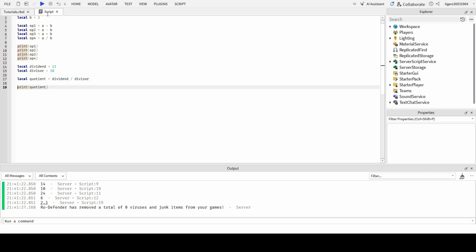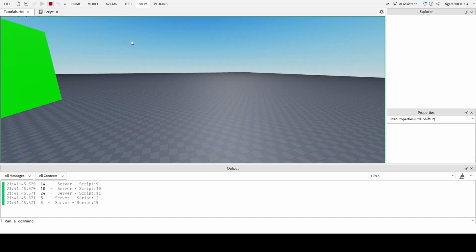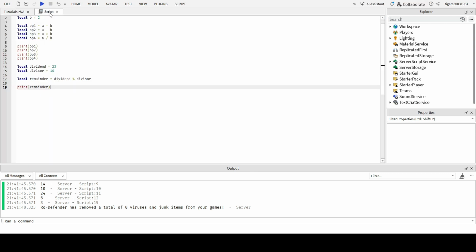Because 10 fits into 23 2.3 times, we're allowing a decimal here. Whereas modulo will just give me the remainder after the divisor is fit into the dividend a whole number of times, 3. Because two 10s can fit into 23, and when it does so, 23 minus two 10s is 3, so 3 is left over, which is the remainder, and that is modulo.